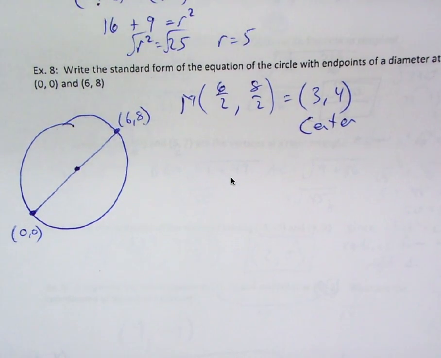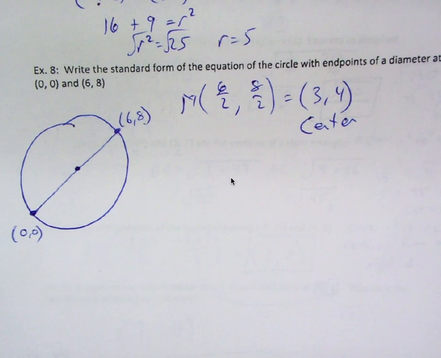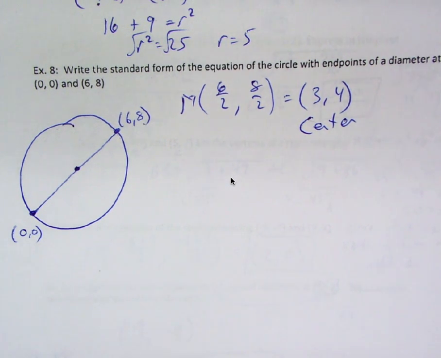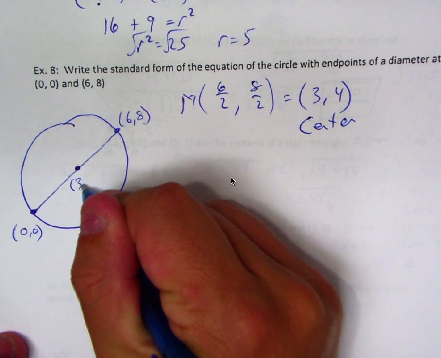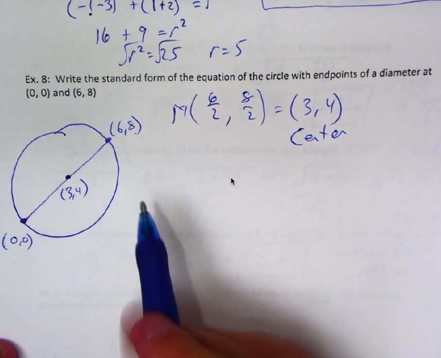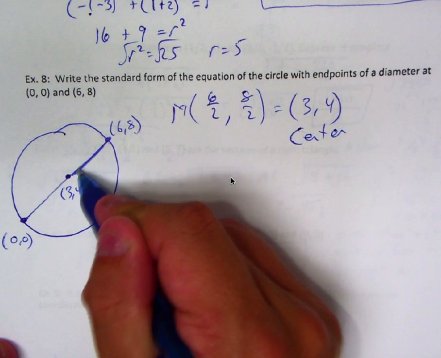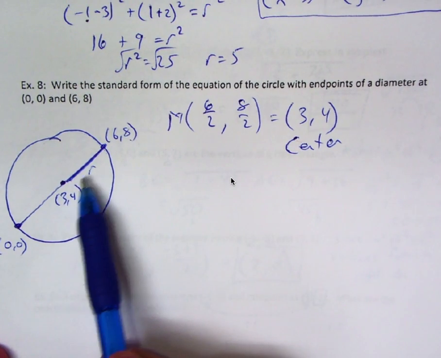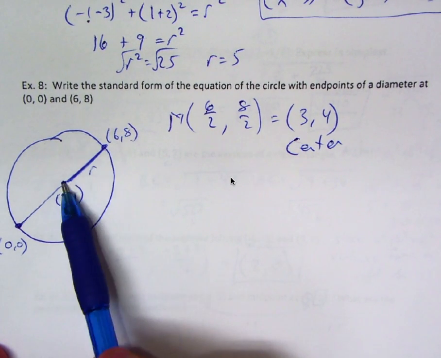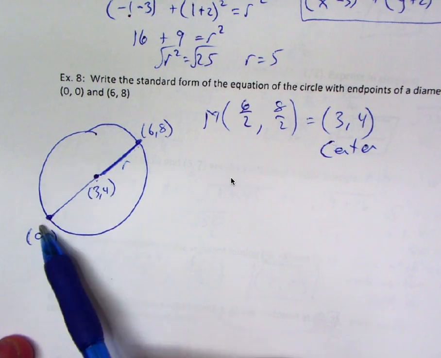We said we need 2 things to write the equation. We need the center and we need the radius. We found the center. Now you have a couple options of finding the radius. You could use the distance formula, right? Because we know this is 3, comma, 4. You could use the distance formula and find this distance right here, because that would tell you r, right? If you did the distance formula between these 2 points or these 2 points, that would find you r.